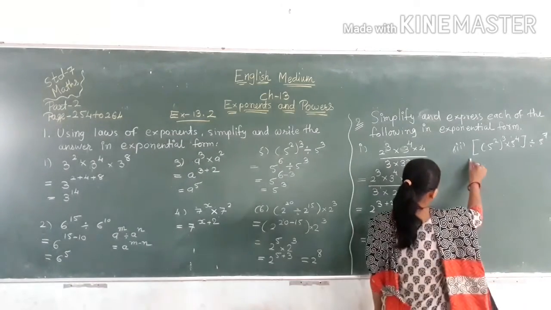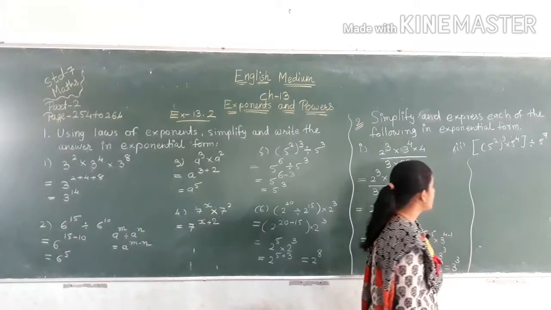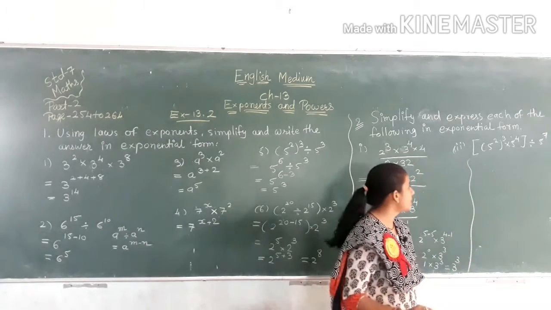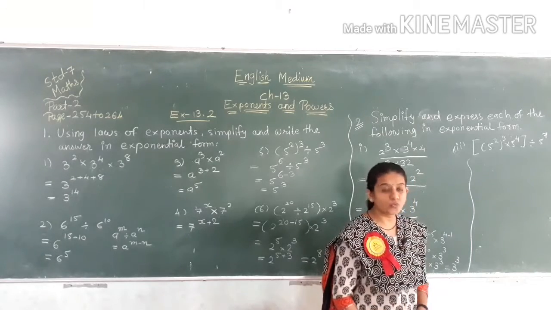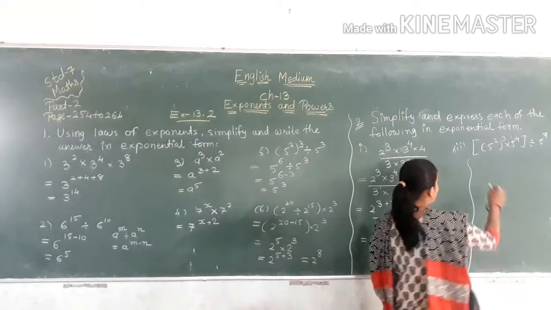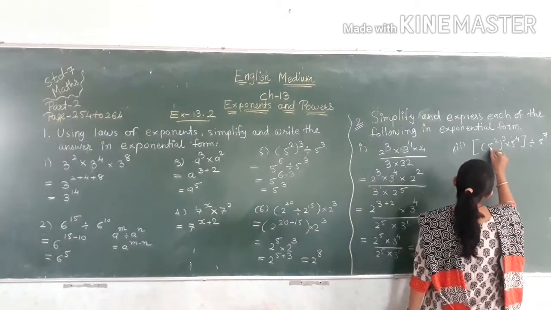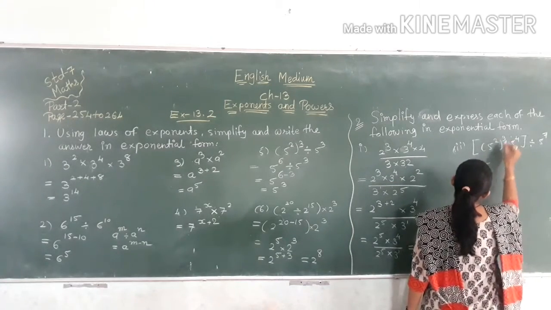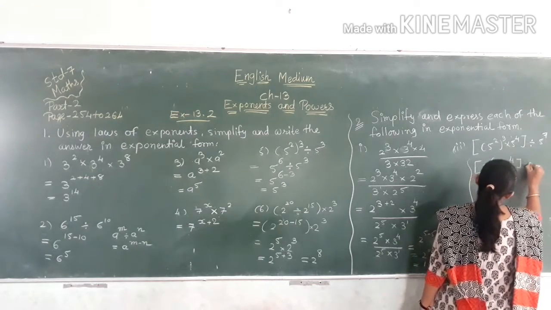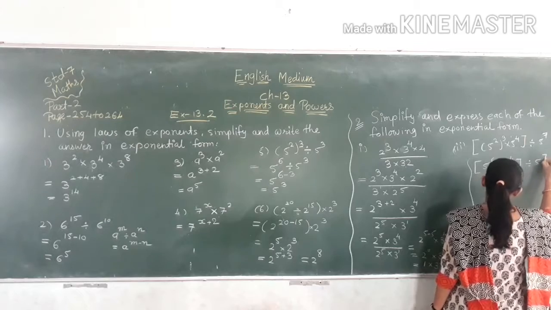Now next, in the bracket 5 raised to 2 multiplied with 3, multiplied by 5 raised to 4, divided by 5 raised to 7. First we solve the bracket: 5 raised to 2 times 3, 2 threes are 6, multiplied by 5 raised to 4, divided by 5 raised to 7.